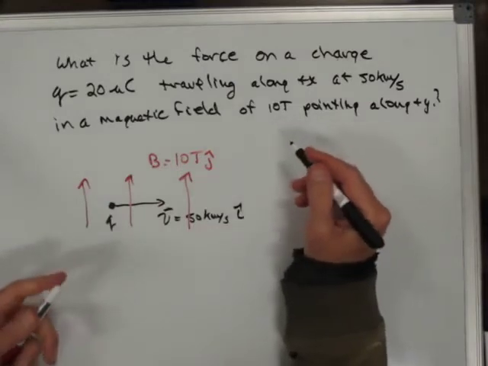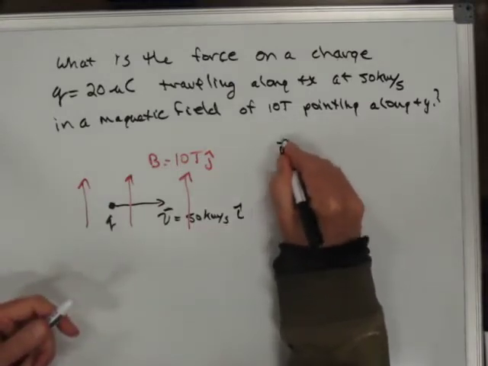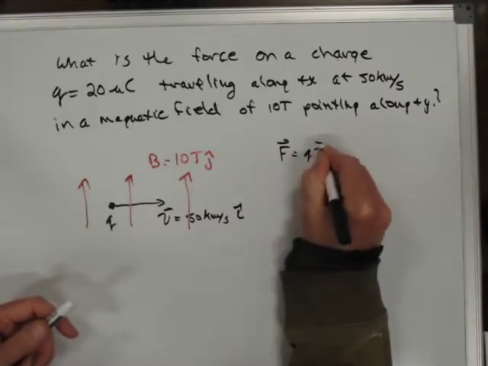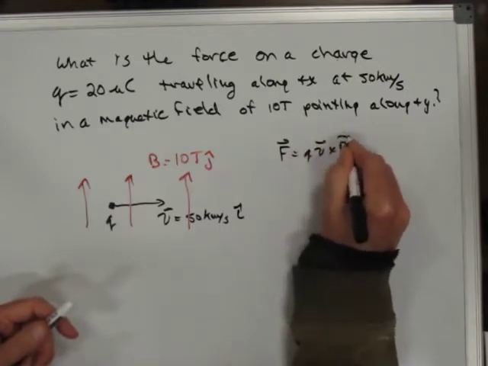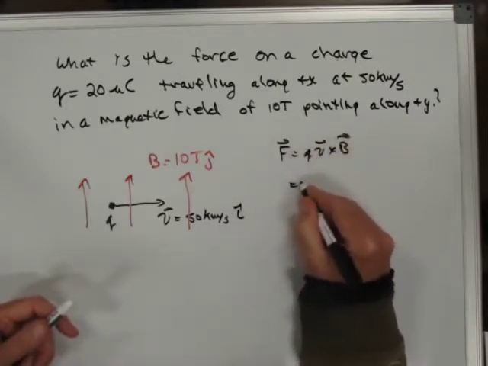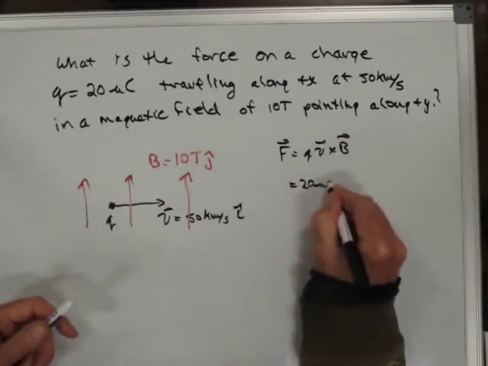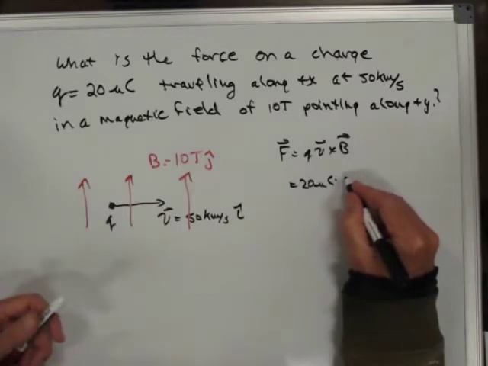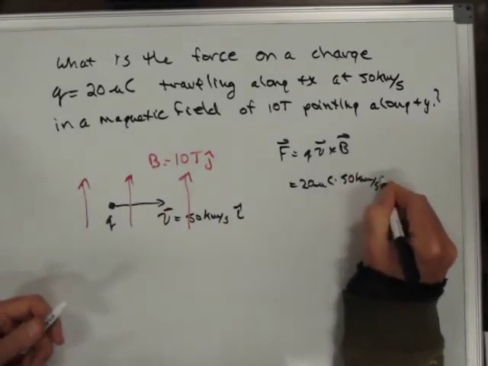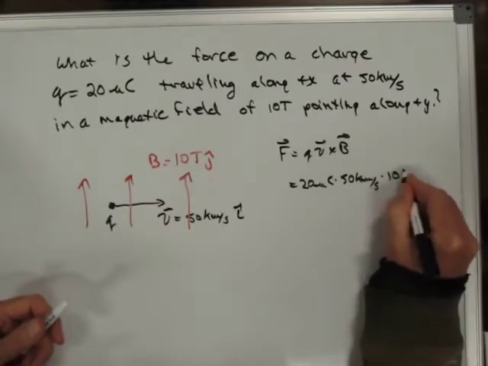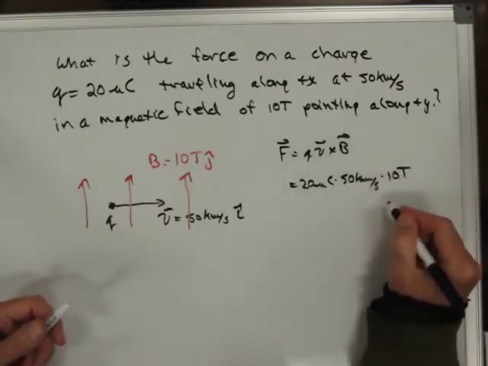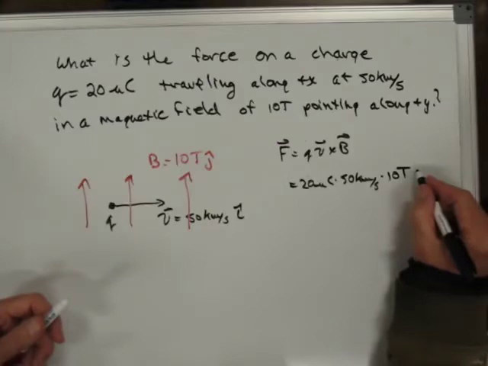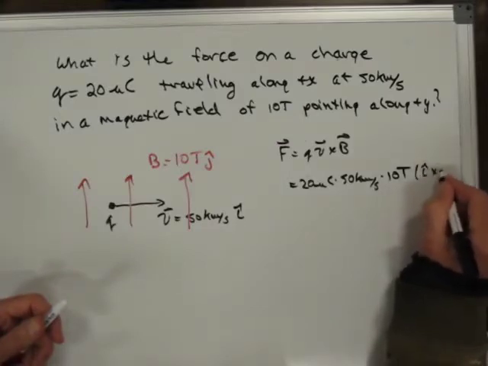And so for a force, since it's a vector, we want F equals QV cross B, right? And that's 20 microcoulombs times 50 kilometers per second times 10 Tesla, times I hat cross J hat.